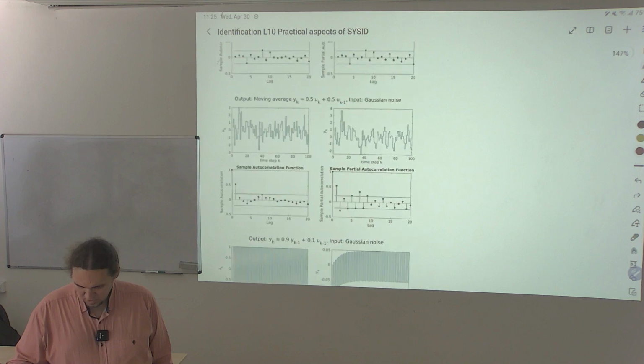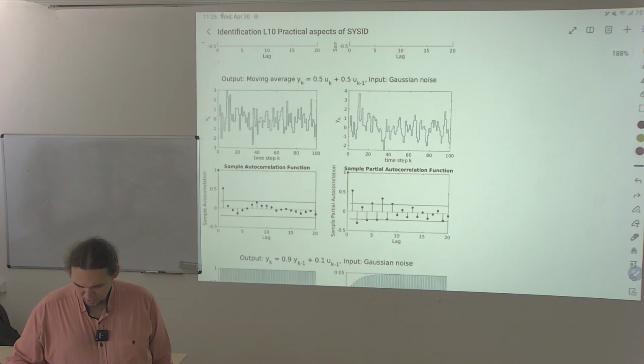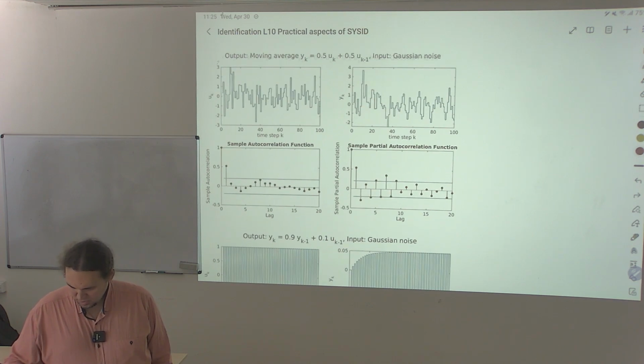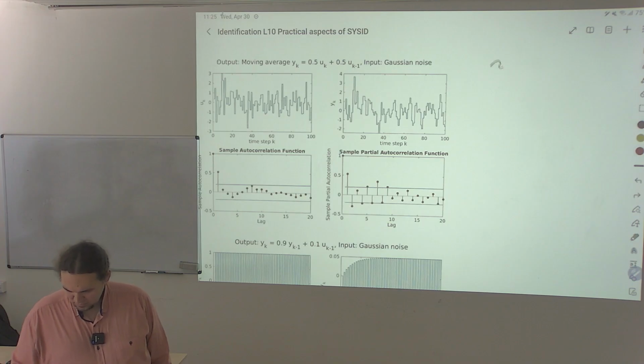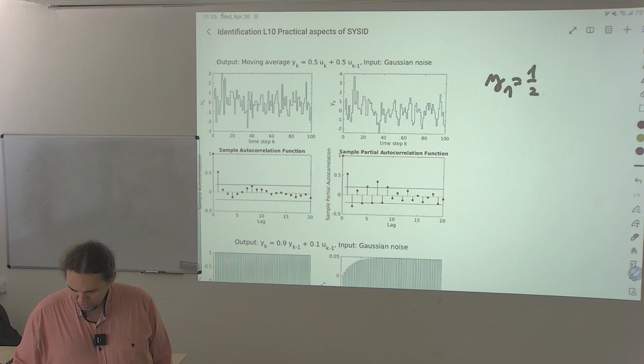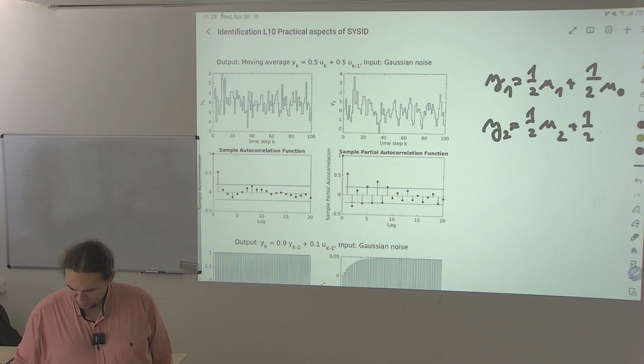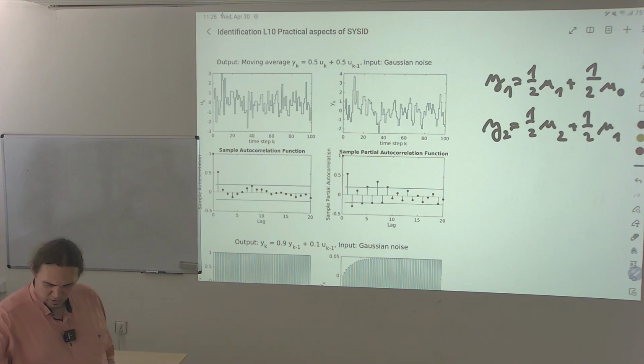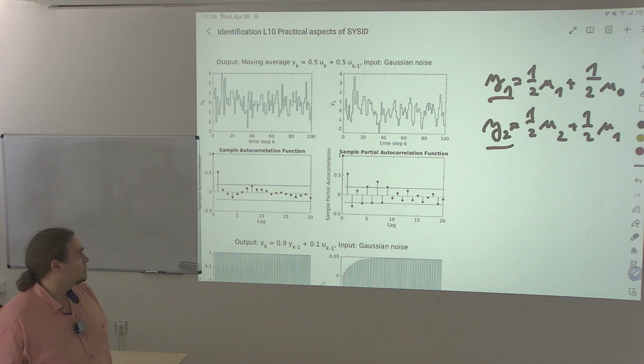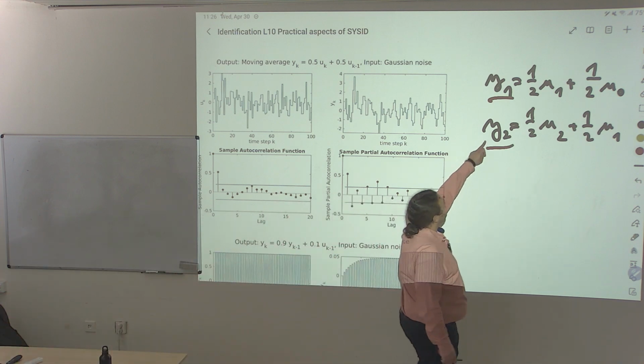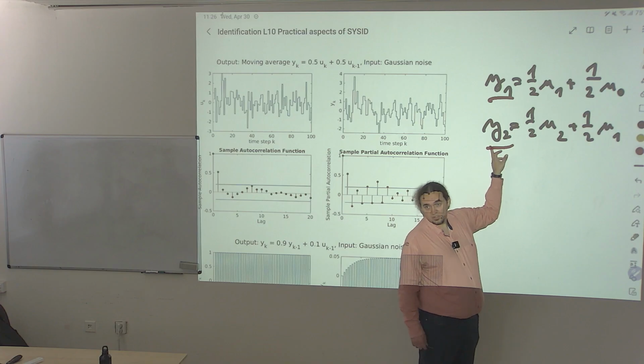Maybe let's write a short note on this. Right, if we have, let's say, y1 will be 1/2 u1 plus 1/2 u0, y2 is 1/2 u2 plus 1/2 u1. So the correlation between y1 and y2, well, where is the correlation?